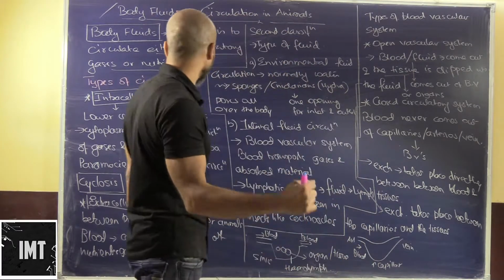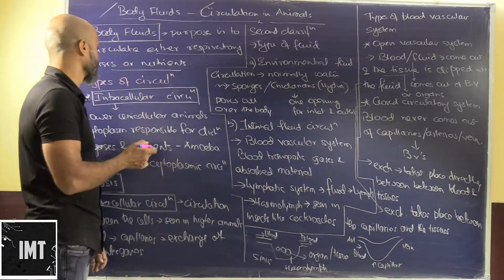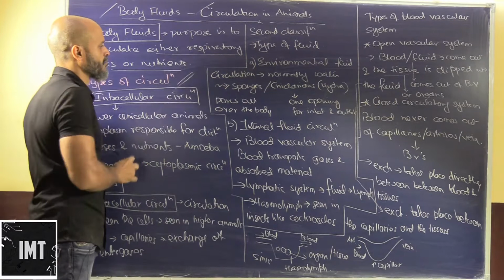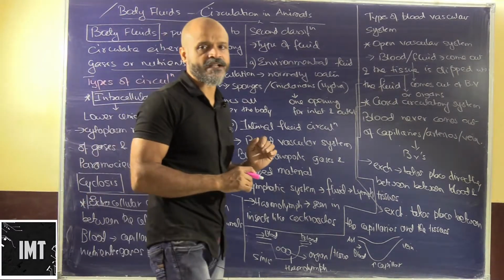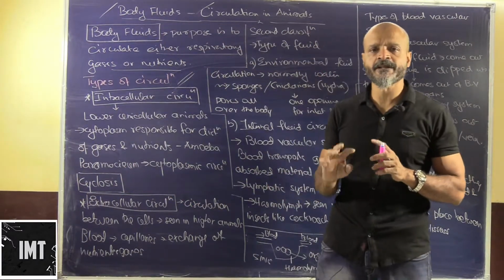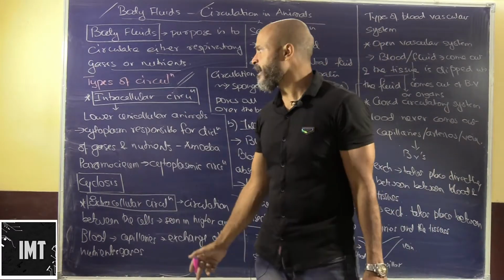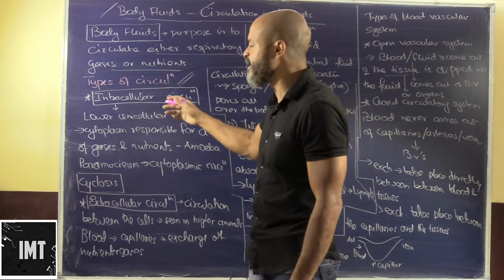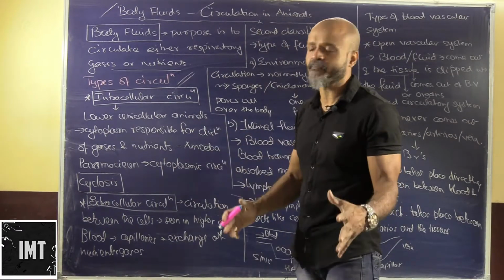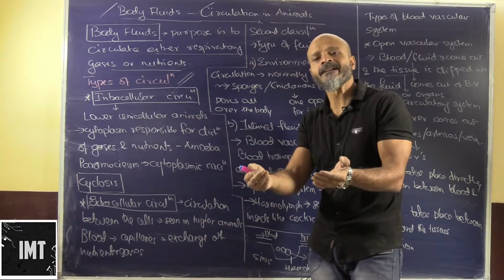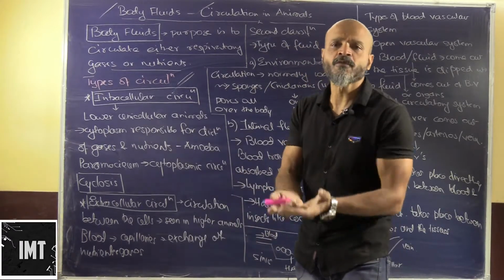Now, what are the types of circulation? We can divide the types of circulation in a lot of ways depending upon the criteria for classification. Here the criteria for classification is at what cellular level it is happening, whether it is happening inside the cell or outside the cell.